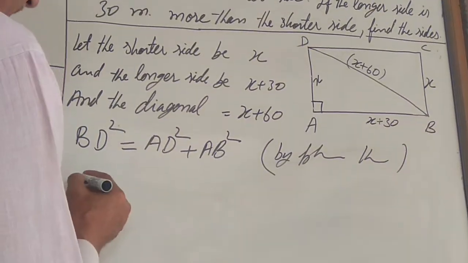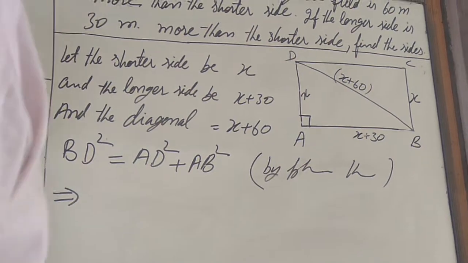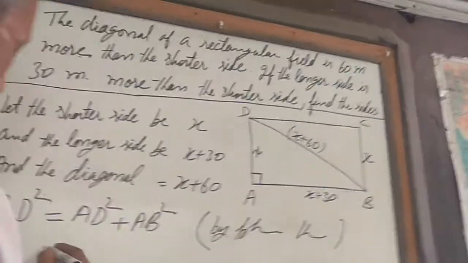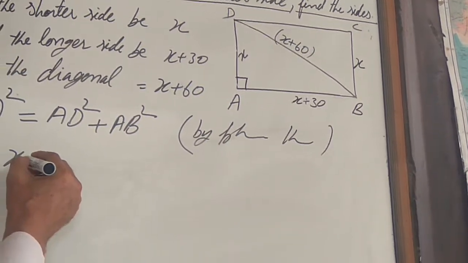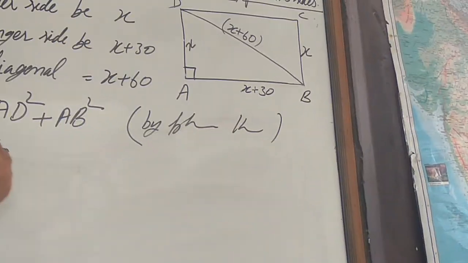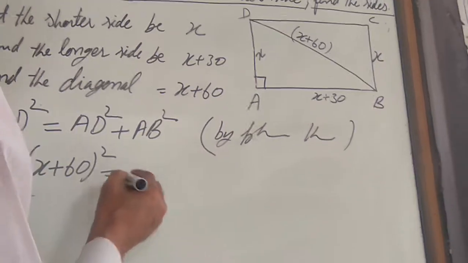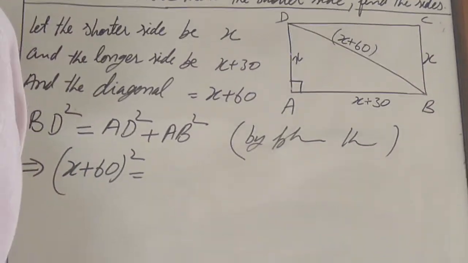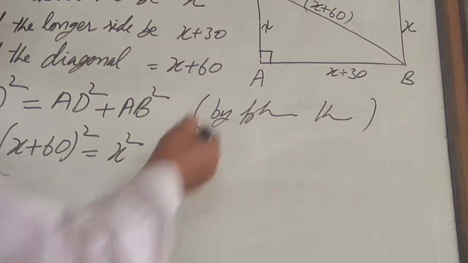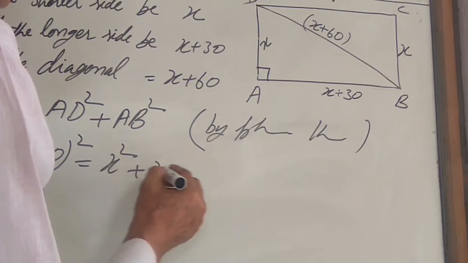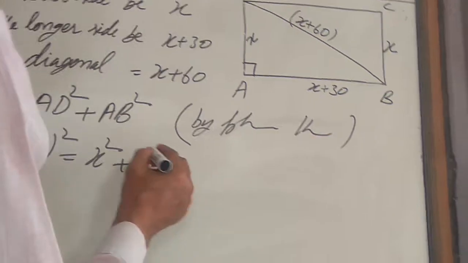Or you may say BD square is the whole square of, see, BD is this and AD is x and AB is x plus 30.